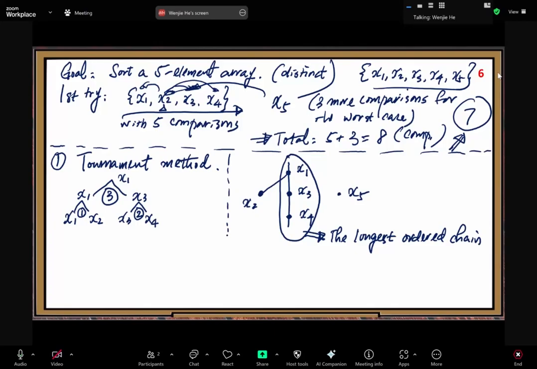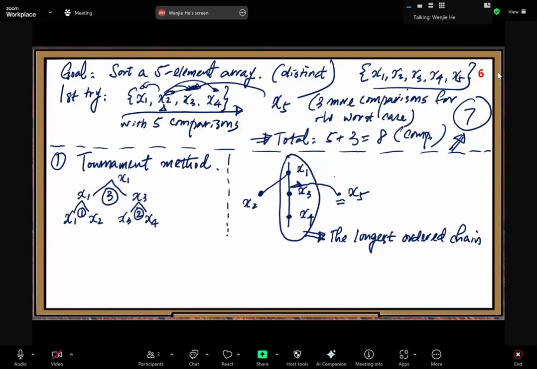So when we do our comparison number 4, we want to compare this new element x5 with our longest ordered chain, and we try to insert x5 into it. We do the insertion as a binary search type insertion, so we compare x5 with the median.